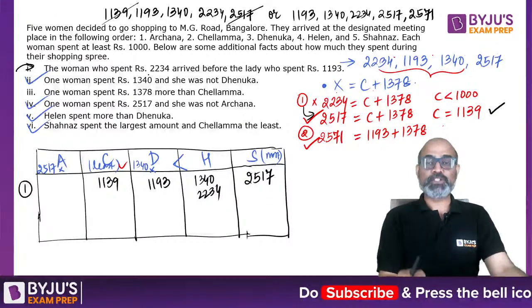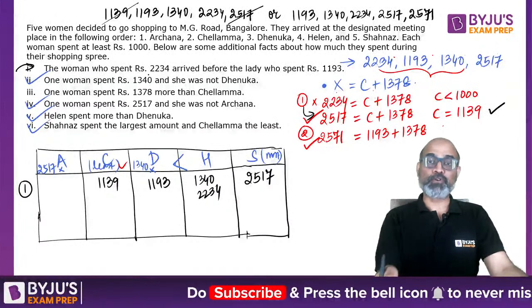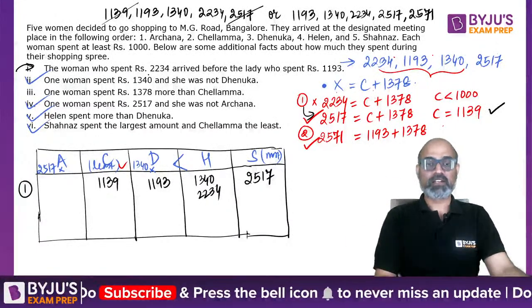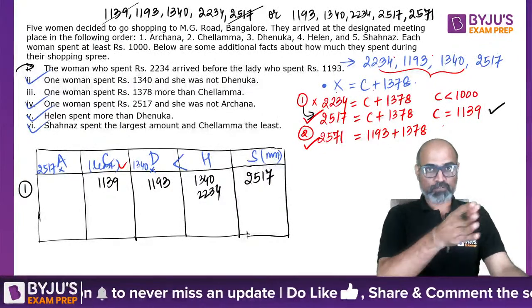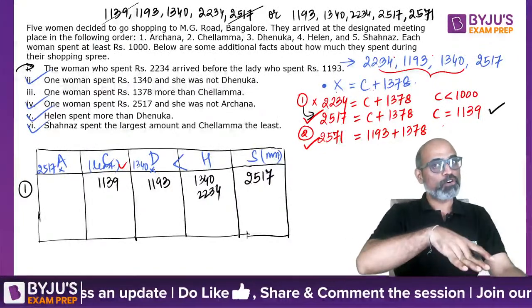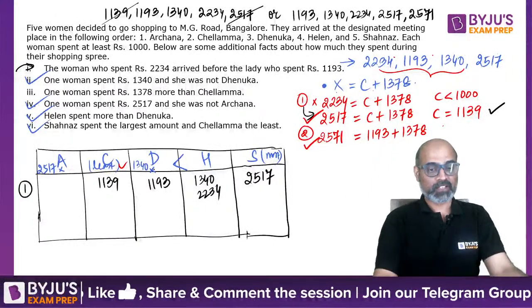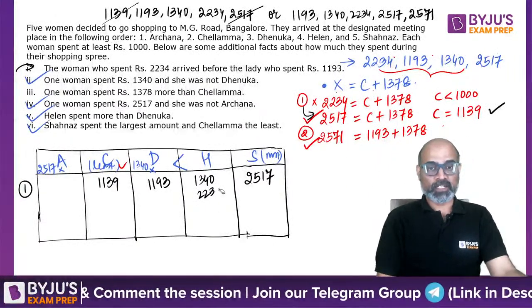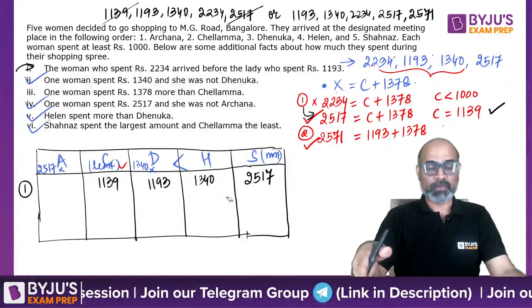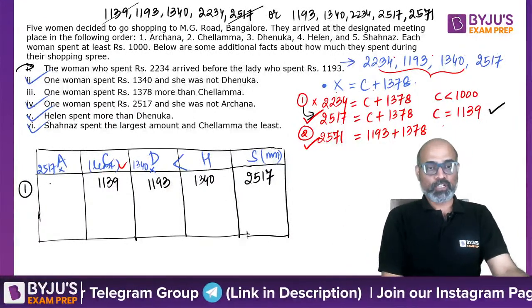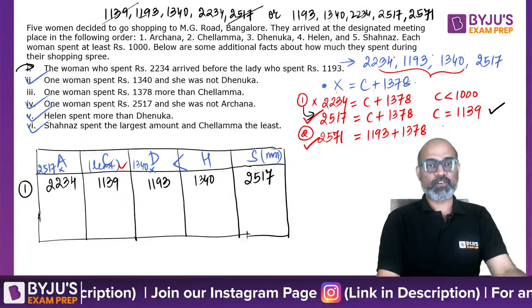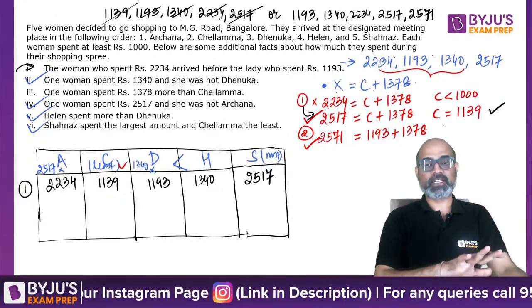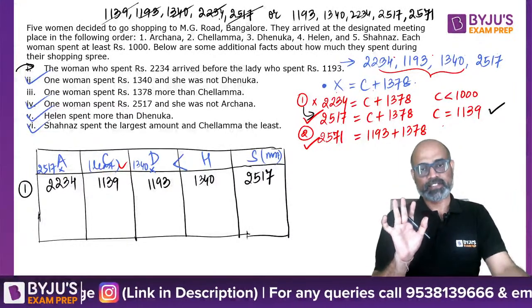The woman who spent 2234 arrived before the lady who spent 1193. Since D spent 1193 and the sequence is from left to right, we can't have 2234 arriving after 1193. So out of these 2 possibilities, 2234 cannot come under H. So the only place 2234 can go is at A. So we are done with placing all the 5 amounts, and this is the case we get.